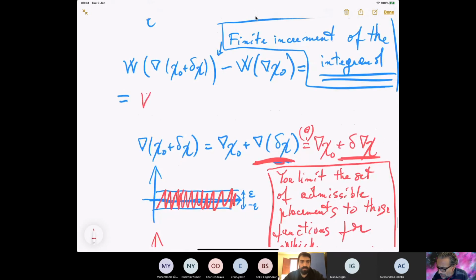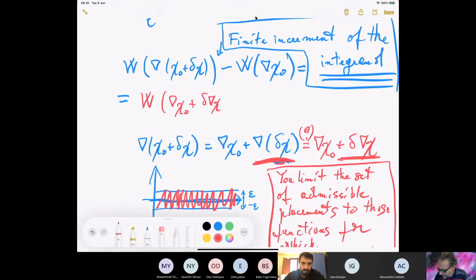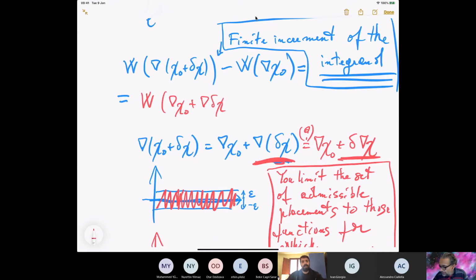So you can write this like grad psi 0 plus delta grad psi, or equivalently grad psi 0 plus grad delta psi, and they are both small, minus W of grad psi 0. Okay.